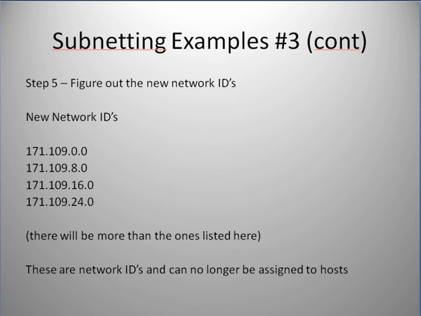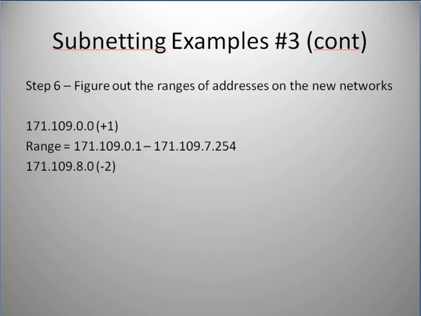When I start looking at the valid ranges of addresses, this is also where it starts to change a little bit. My first network ID, 171.109.0.0. My next network ID, 171.109.8.0. Now again, we're doing +1 minus 2, but that +1 minus 2 is always done on the very last octet. So my very first available address is 171.109.0.1, because that's the first address after 171.109.0.0.